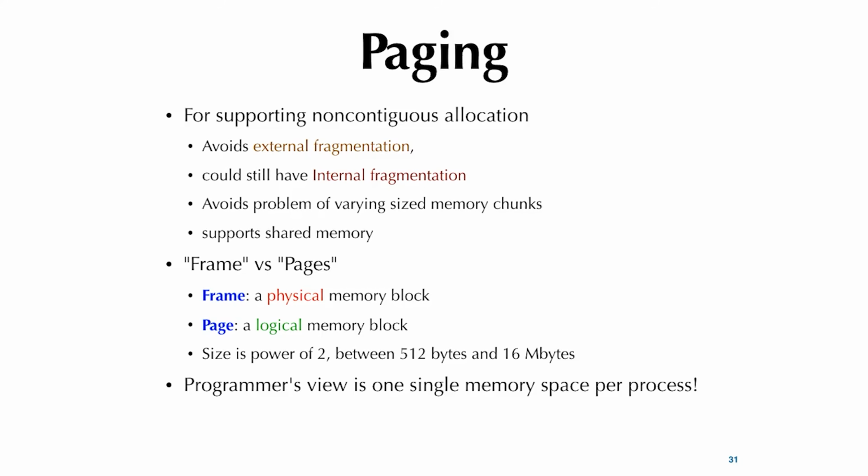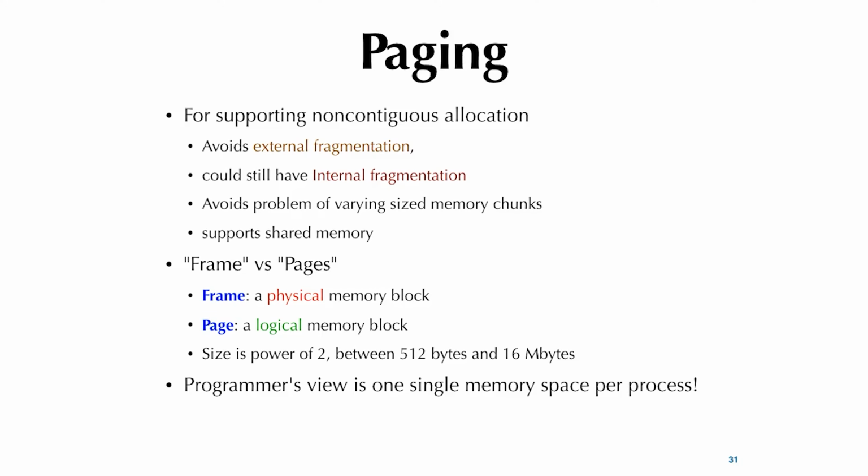Okay, so that way you can avoid external fragmentation. You still have some internal fragmentation, just as with any fixed allocation scheme. But now internal fragmentation is not for the entire partition, but for a page, because a page is your minimum unit of memory use as far as allocation is concerned.